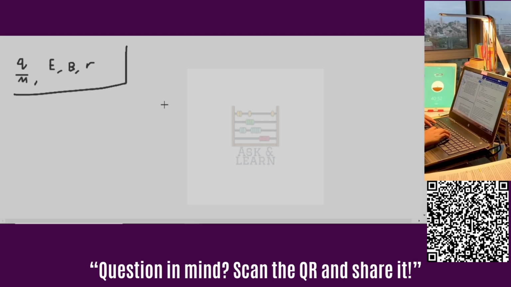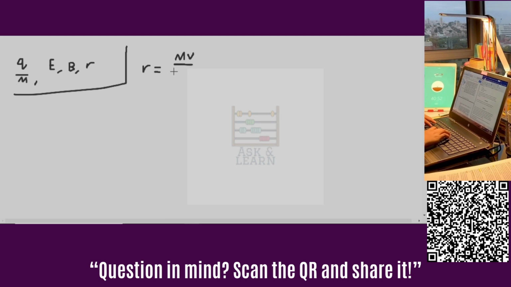The first step is to find an equation that relates some of these variables that were given. So the first equation that we have is the equation for the radius, which is r, radius, is equal to mass times velocity divided by charge times magnetic field.